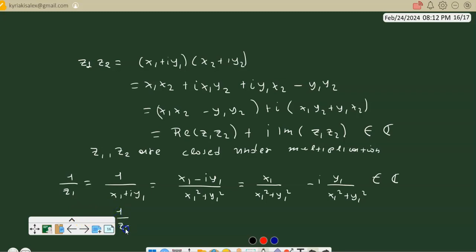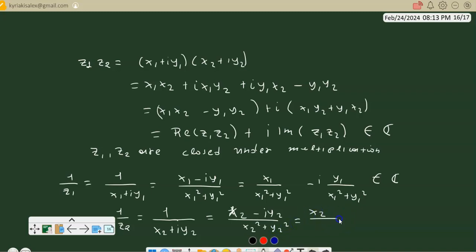1 divided by z2 is 1 over x2 plus i y2, equals 1. We multiply with the conjugate complex number, so x2 minus i y2 divided by x2 squared plus y2 squared.